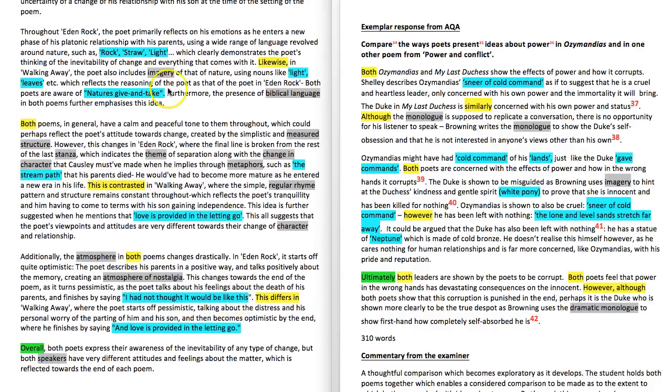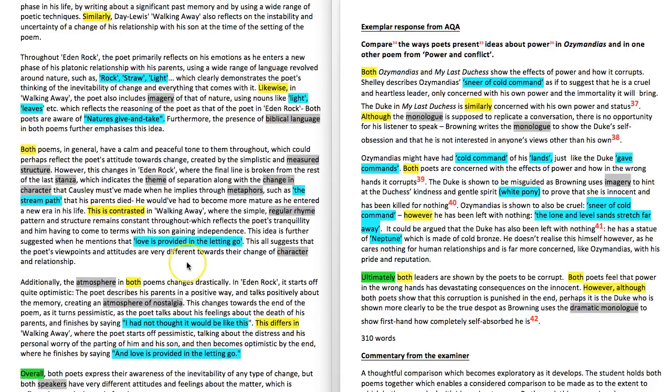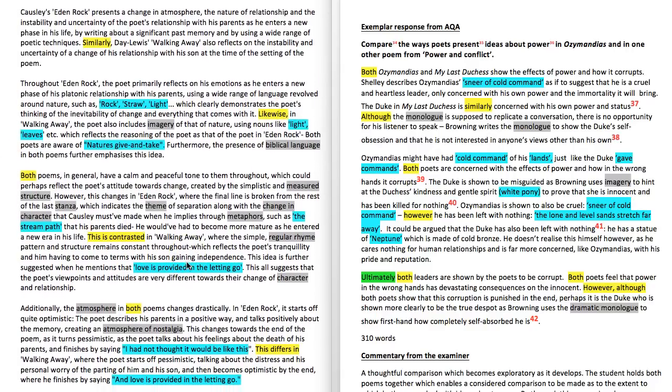So you can see she has 1, 2, 3, 4, 5, 6 comparisons, and she tries to make a comparison in each paragraph. The sample answer has 1, 2, 3, 4, 5, 6, 7, 8, and 2 in each paragraph or more.